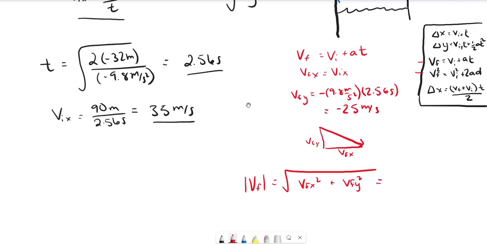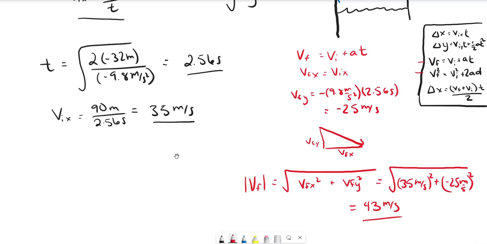And that is going to be the square root of our initial velocity, which was 35 meters per second, squared, plus negative 25 meters per second. The negative sign won't matter because we're squaring it. And this is going to give us a magnitude of 43 meters per second. So this is the magnitude of the final velocity.